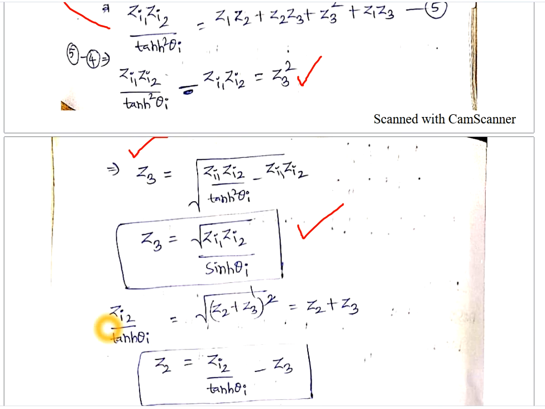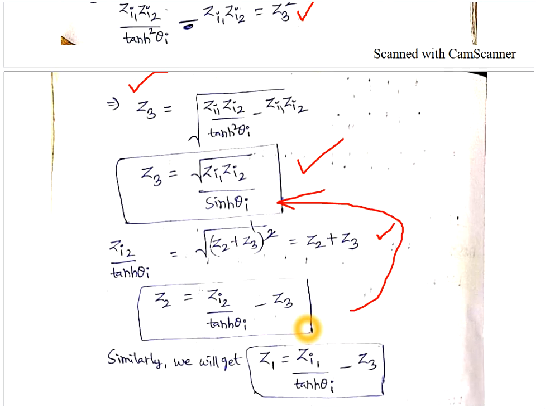Now if you consider Zi2 by tanh theta, you will get Z2 plus Z3. So then Z2 will be Zi2 by tanh theta minus Z3. We already have Z3, which is in terms of known values, that is Zi1 and Zi2, right?